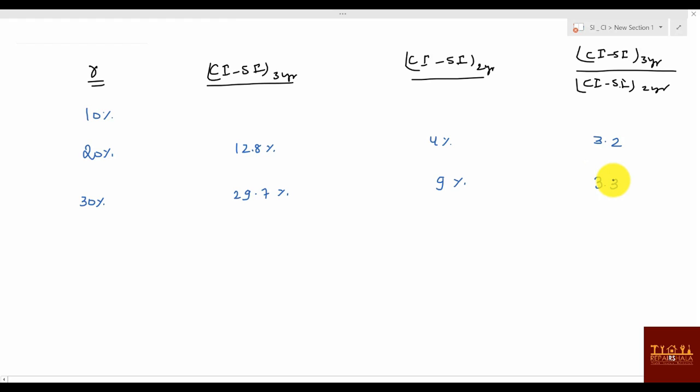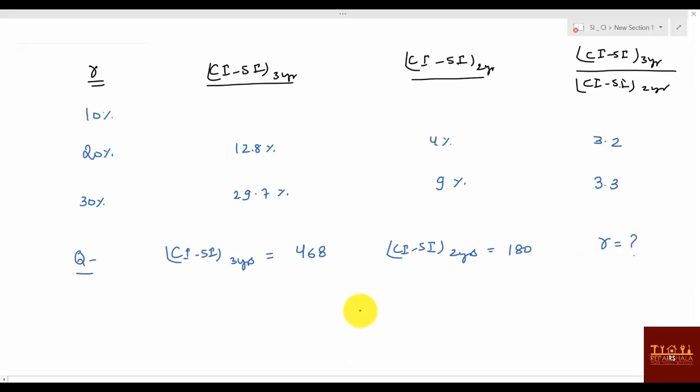Okay, let's solve one question which came in SSC CGL 2016. CI minus SI for 3 years is given as 468, and CI minus SI for 2 years is given as 180 rupees, right? So what you have to find is the rate of interest.